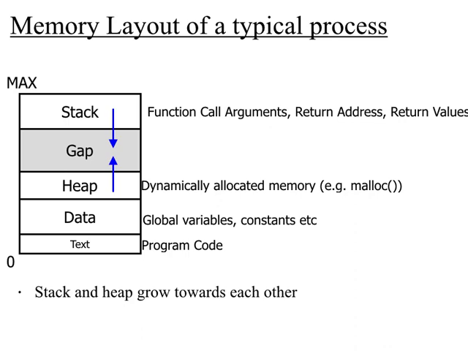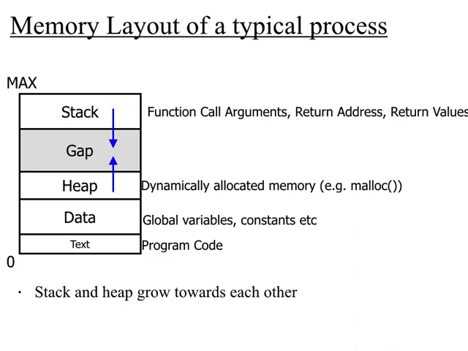Another point to note here is that the address space range shown here from 0 to max represents the virtual address space of a process, which means the process's view of its own memory, which is different from the actual physical memory in the system.